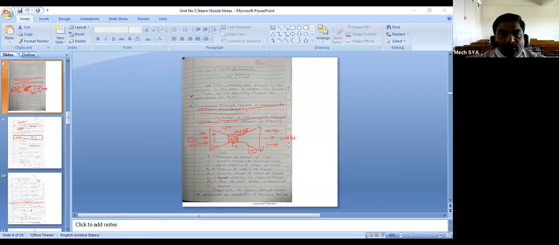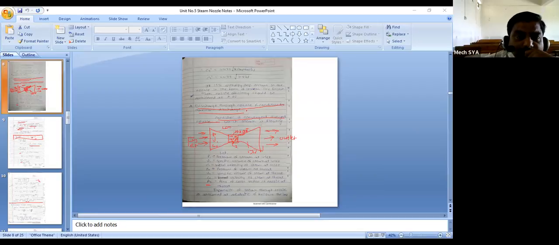That is called the divergent part. Where the area is very small, that part we call as, anybody? So this is the convergent part. The frequently used nozzle is the convergent divergent type.